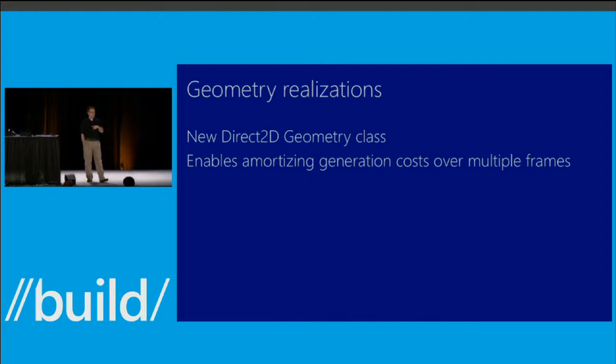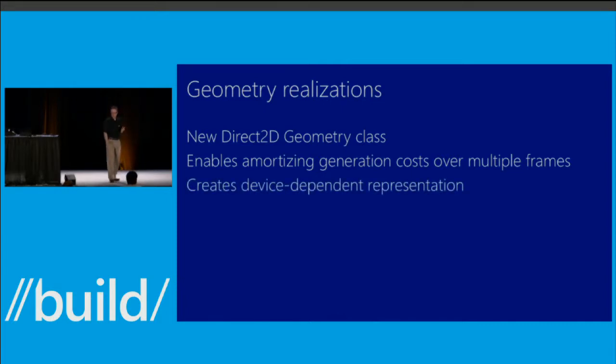With geometry realizations, we can amortize the cost of that analysis over multiple frames, because we create a device-dependent representation of that geometry at a given scale factor. We do the tessellation once, and then you just hand us back that handle to the geometry so we can render it over and over again. That gets your CPU usage down as well, which gives you more cycles on the CPU for what you want to do in your app.